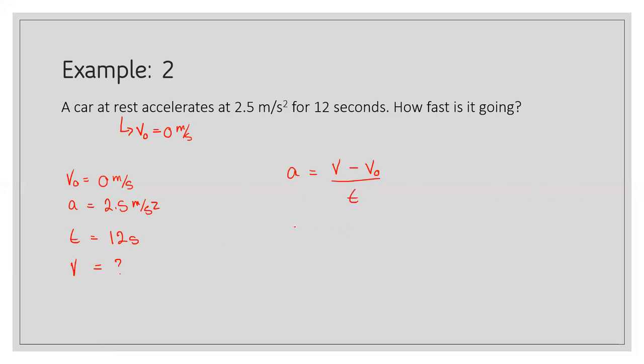Substitute in and rearrange. 2.5 meters per second squared is equal to our final velocity minus 0 meters per second divided by 12 seconds. Rearranging, multiplying both sides by 12. They cancel. Velocity minus 0 is just going to leave me with v. V equals 12 times 2.5, which is 30 meters per second.